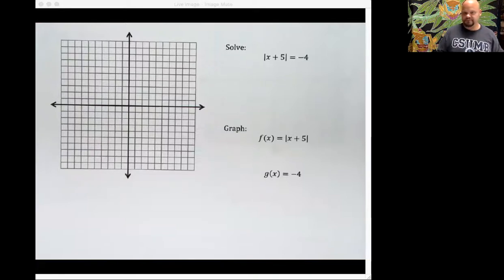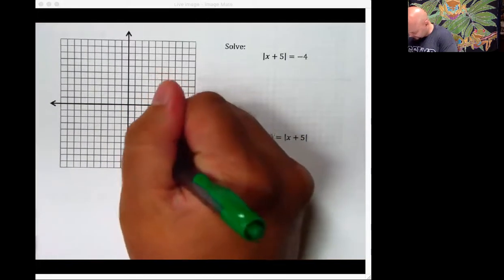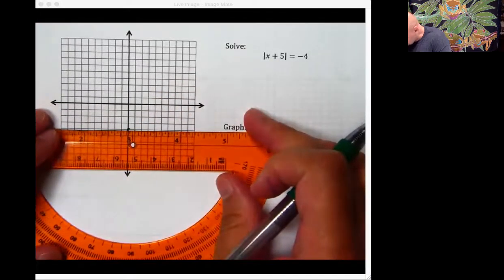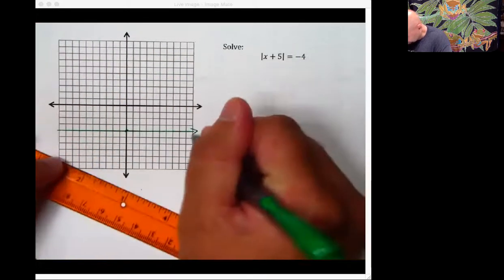All right, moving on. So let's solve this thing graphically. Here's the broken up graphical parts. Got -4. That's 1, 2, 3, 4. At least one of you is screaming to me right now. Mr. Beal, no, dude. No. Shh.